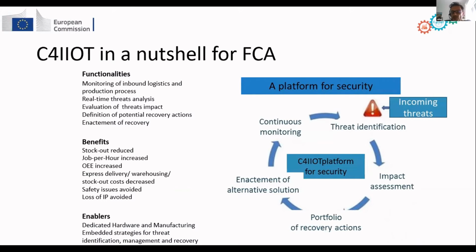Some recovery actions, part of them can be automated, part of them can still involve some human operators. So these recovery actions are defined, and then they are enacted, and then there is this continuous monitoring which continues to monitor our system. So on the left-hand part, you have a list of the functionalities that we expect.